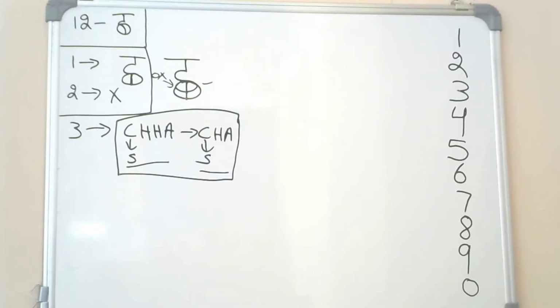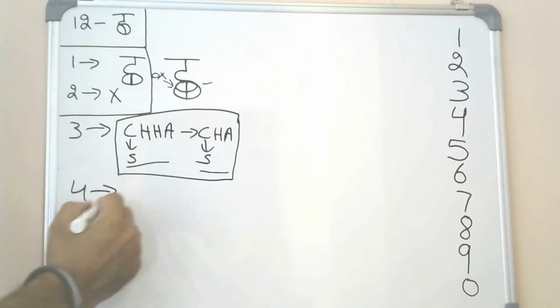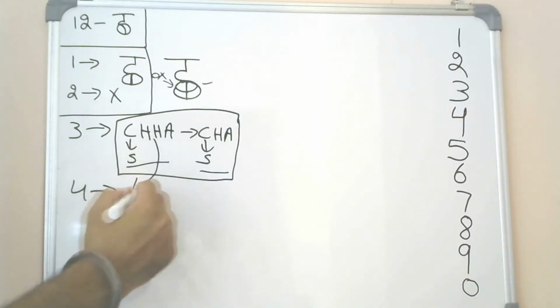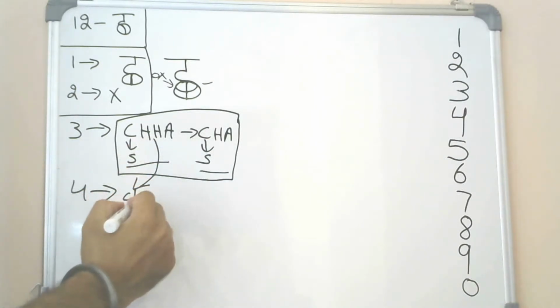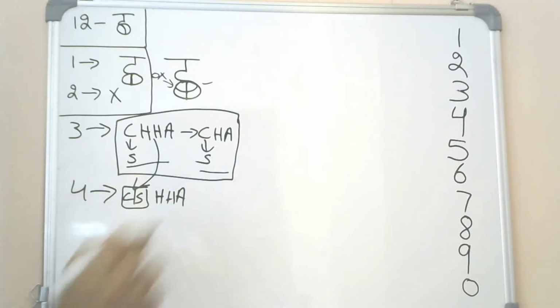The fourth step, sound of the letter. The sound of the letter will be this sound, ch. C/H I can mention, and then H, ch. The sound will be ch. Fifth step, examples.